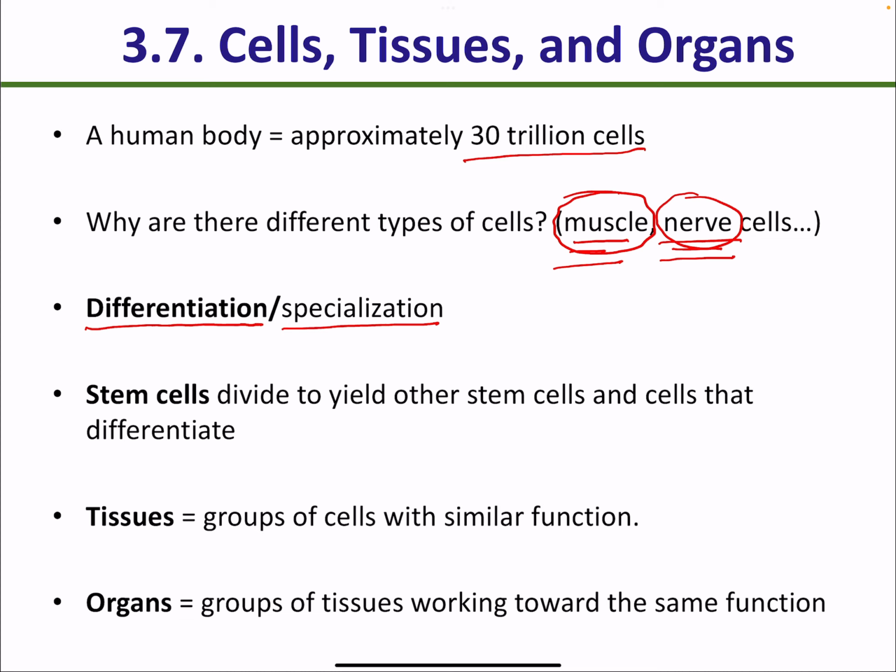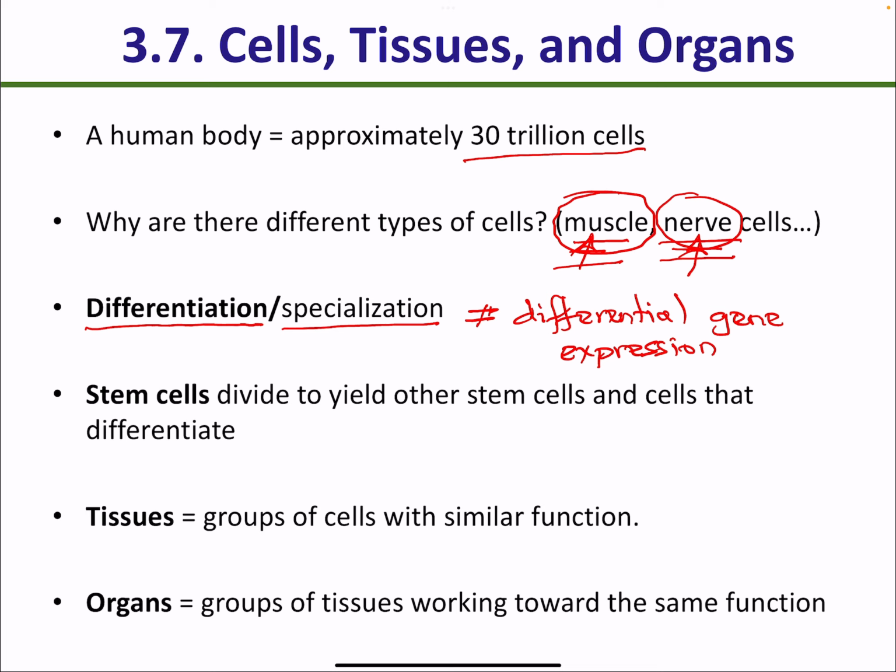So, differentiation exists because of what we call differential gene expression. Differential gene expression, meaning that the set of genes that are expressed in a muscle cell is not the same as the set of genes that are expressed in nerve cells, and vice versa.